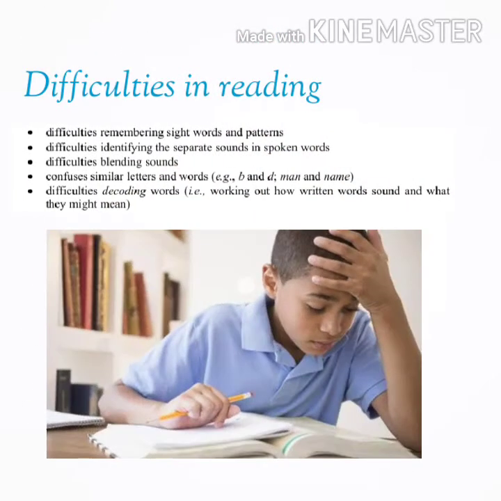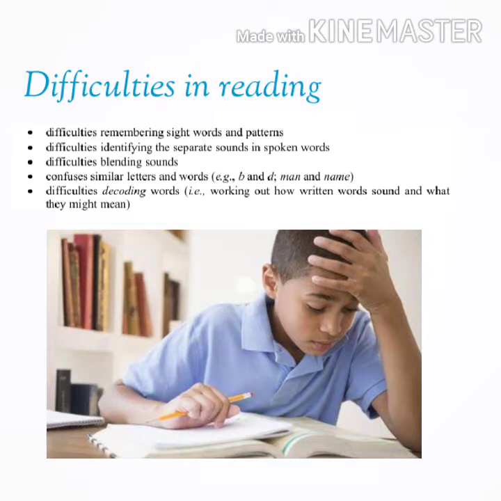So next is difficulties in reading. Difficulties in reading are sometimes called dyslexia, which is from a Greek word meaning can't read. Particular areas of need are likely to be difficulties in remembering sight words and patterns. So they struggle to remember keywords. Difficulties identifying the separate sounds in spoken words. So they struggle to differentiate the sounds in a spoken word.